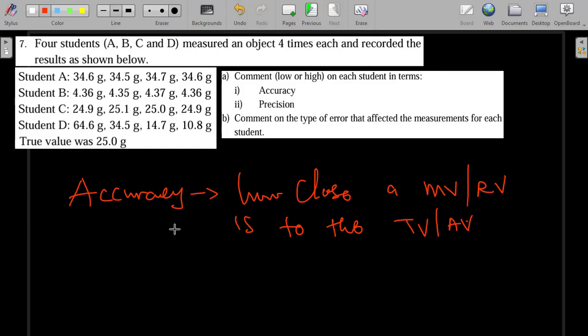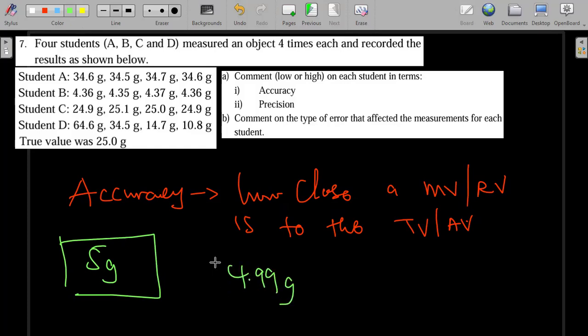So, for example, if my actual weight of something is, let me say, 5 grams. And then I take these 5 grams, I measure it on a weighing balance, and then I get 4.99 grams. So this 4.99 grams is very close to this. So we're going to say that this measurement here is accurate, because it's closer to the true value.